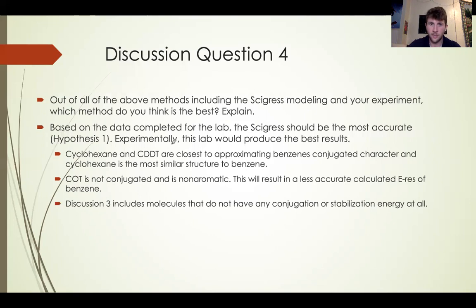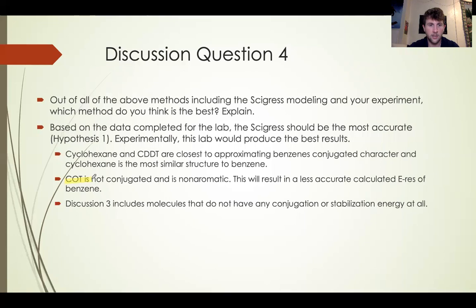However, that is not as accurate as either the Sigres, which we already established was the best, or the lab that we conducted. That's because the cyclohexane and CDDT are closest to approximating the benzene's conjugated character, and cyclohexane has the most similar structure to benzene. This is also in Sigres, so that's another reason why that's the most accurate.